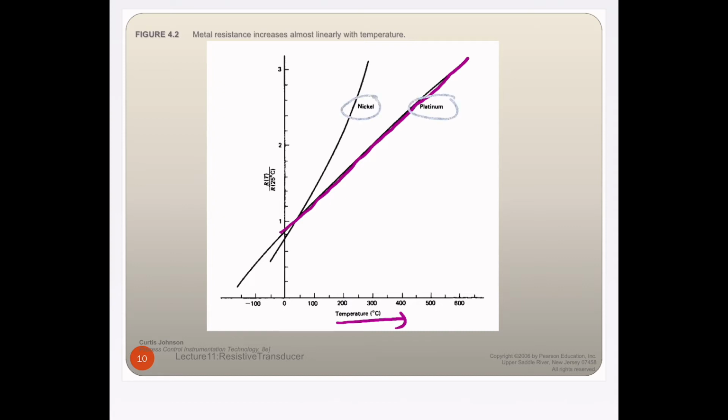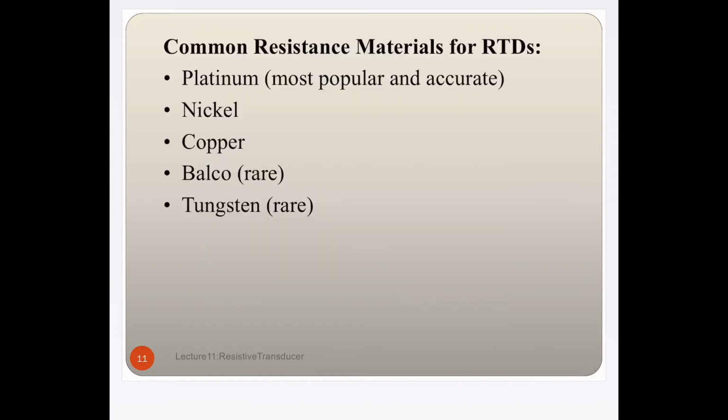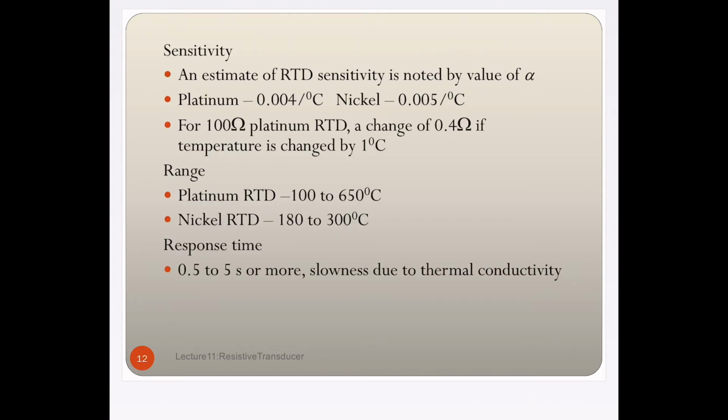Both of them exhibit a linear relationship in terms of temperature and resistance. The common materials for RTD are platinum, nickel, copper, balco, and tungsten. This is the characteristic for RTD.